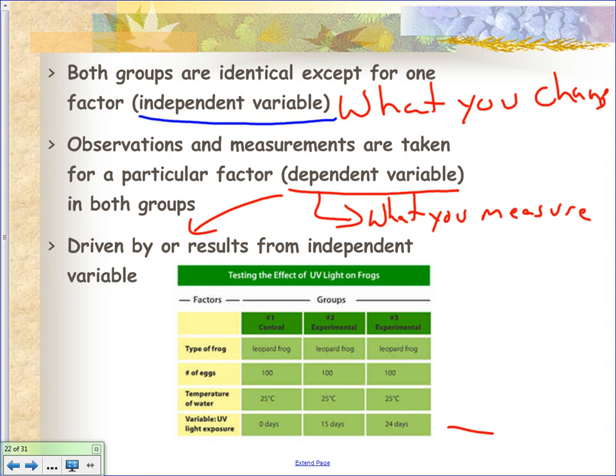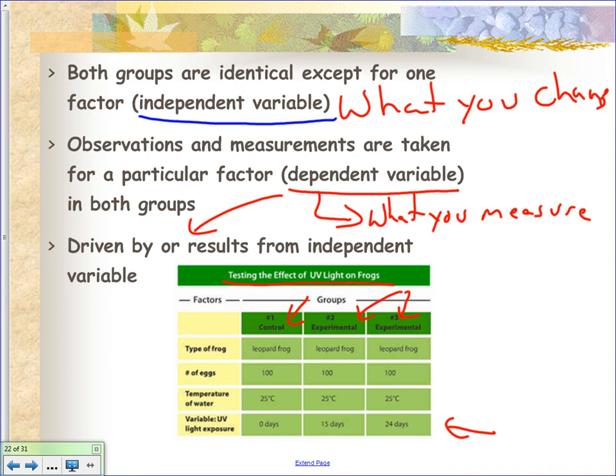So here's an example. This is a good biology example. This is a good title: testing the effect of UV light on frogs. You can see that there are two experimental groups present within this experiment, and there's a control group. Remember, the control group is sort of normal conditions. In the experimental groups we're changing something.